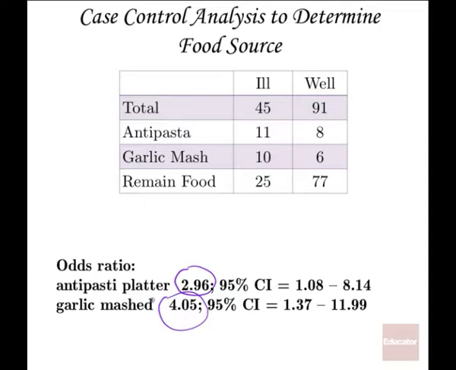Now, an odds ratio that demonstrates no association: when an odds ratio is equal to 1, that represents no association. So what you're looking for in a food outbreak is to find foods where the odds ratio is greater than 1, and the confidence interval doesn't cross 1, which means that it's a significant association.